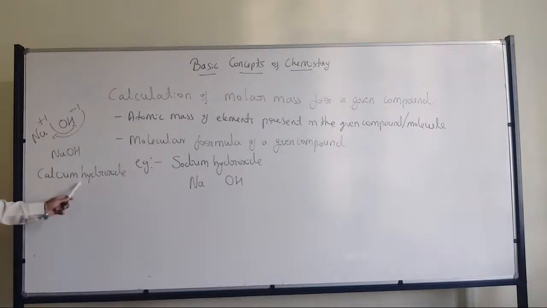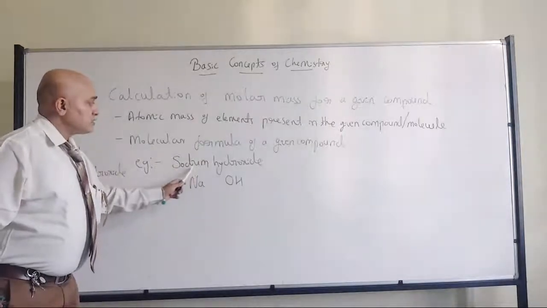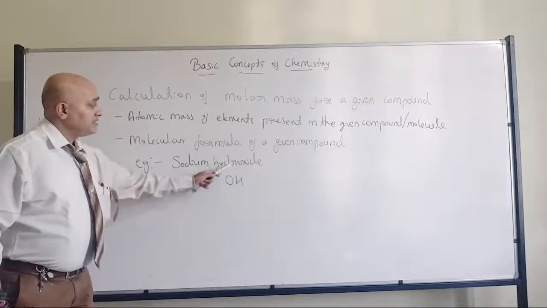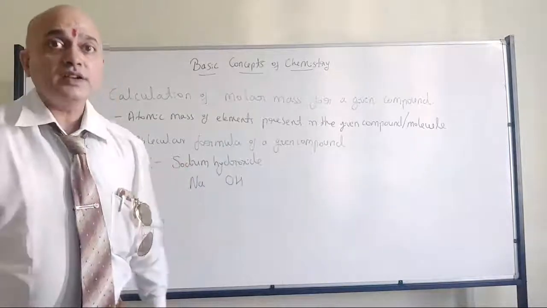And there will be space. When I am writing it in terms of words, there should be a space, as in sodium hydroxide, because this is one element, this is another category of element coming together to form the compound.